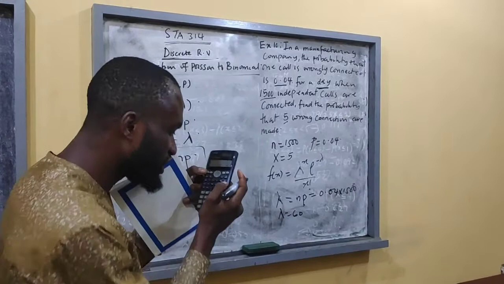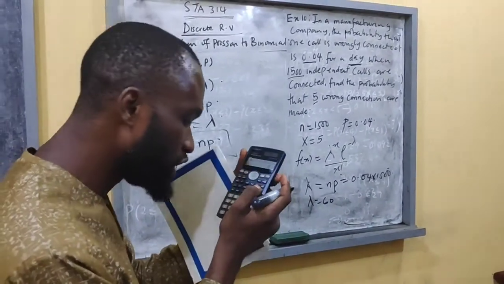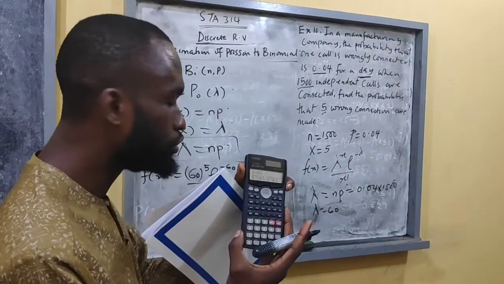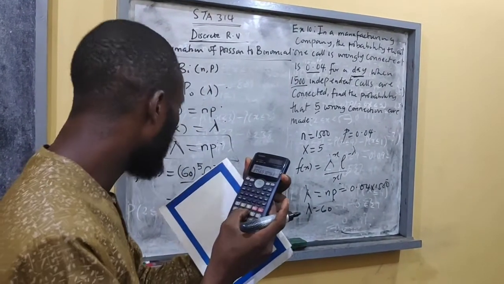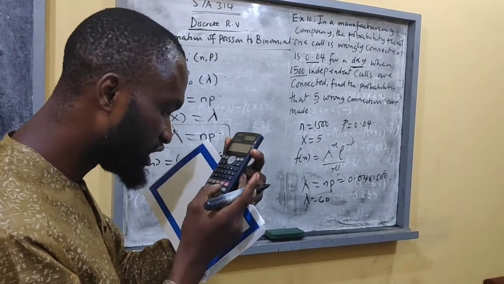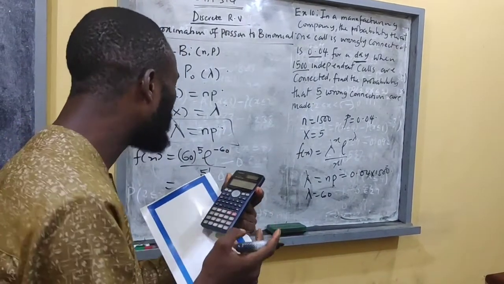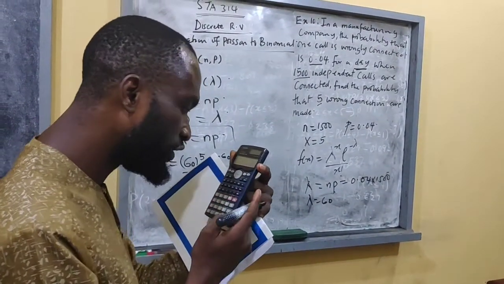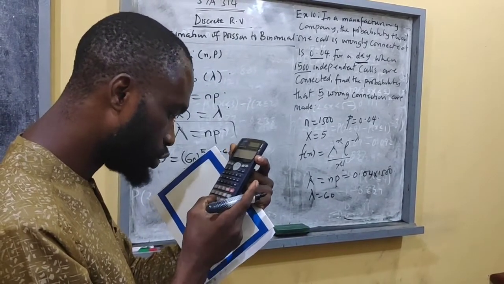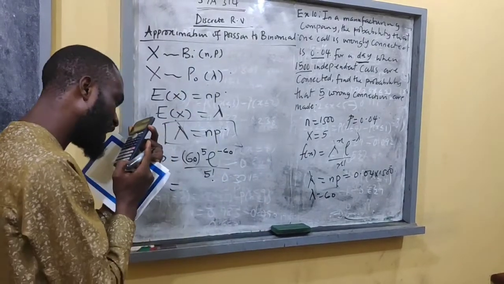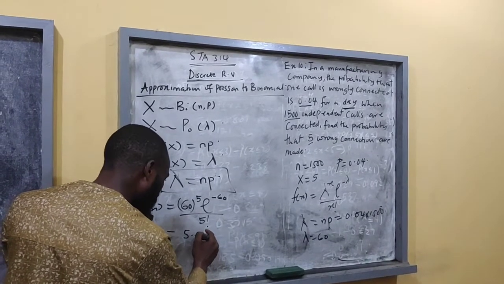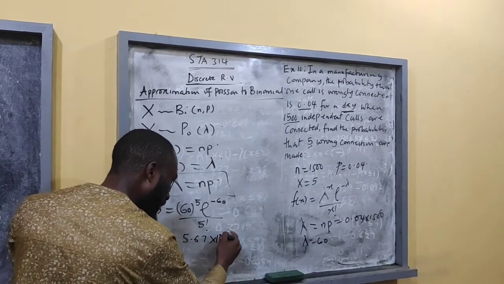If you press your calculator, shift ln is going to give you e to the minus 60, a very big value, times 60 raised to power 5, divided by 5 factorial, that is divided by 5, divided by 4, divided by 3, divided by 2, and at the end of the day you will see that I have 5.67 times 10 raised to power minus 20.